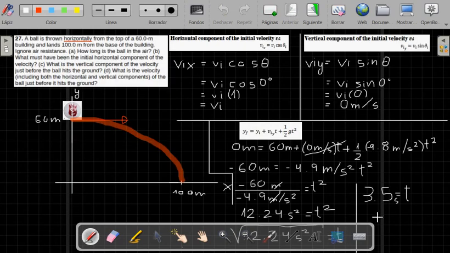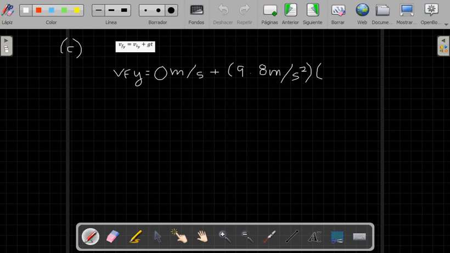It's right here, so let's take it. 3.5 seconds. Alright, the final vertical velocity will be equal to 0 meters per second plus, oh, by the way, positive multiplied by negative will be negative.